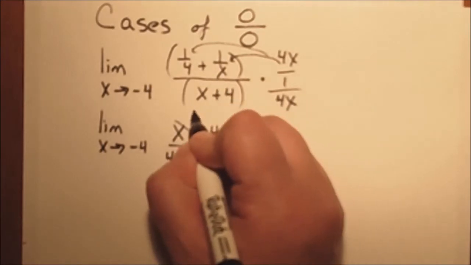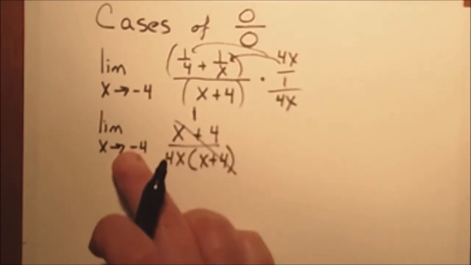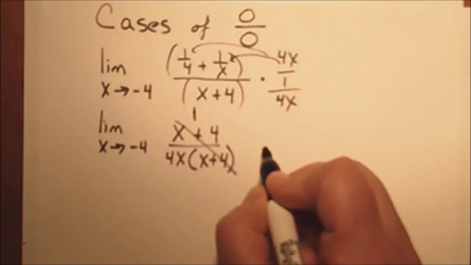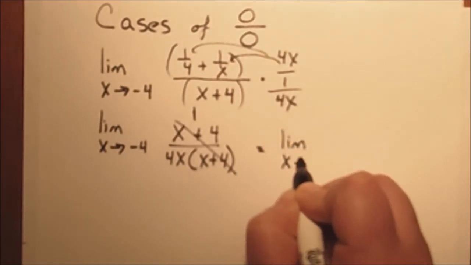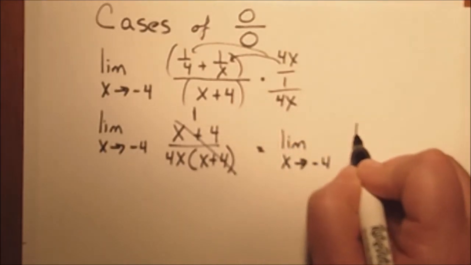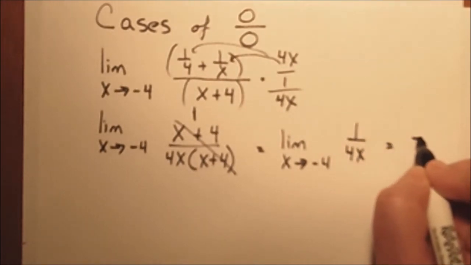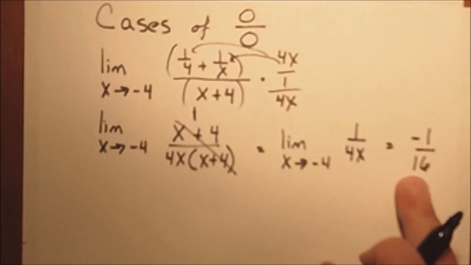All right, so now, notice the x plus 4, if I plug in -4, that would give me 0 over 0. So again, that problematic 0 over 0 factor cancels. I'm left with only 1 over 4x, plug in -4, and I get -1 over 16.